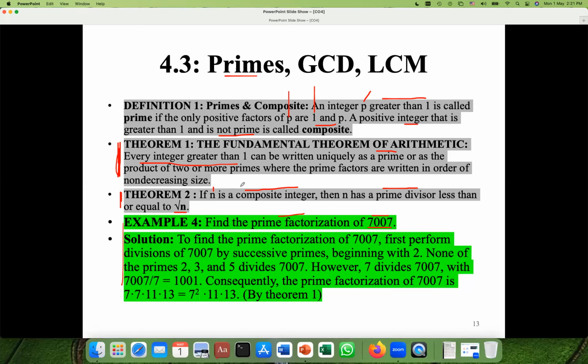Factor means, for example, if this is the n and you have to find a prime factor of it, you will start with 2. You can divide this number by 2. If it divides, then 2 is a factor of that one.